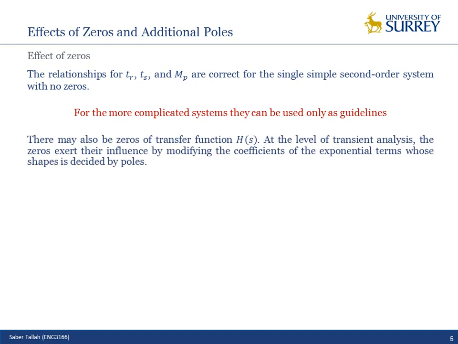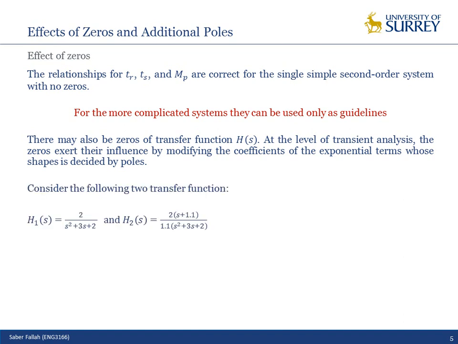In reality, we might have some additional zeros, at least one zero in the numerator. Okay? And we want to see how this zero will affect the response of the system, or how it changes the shape of the response of the system.